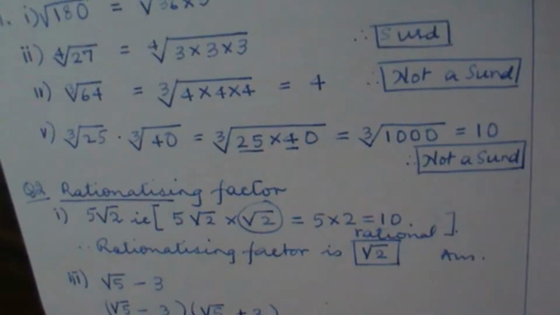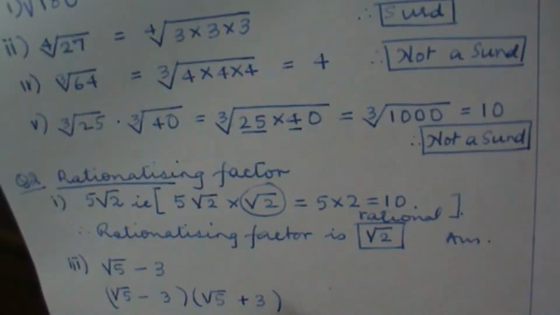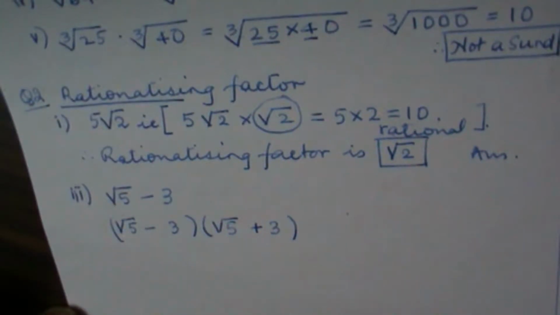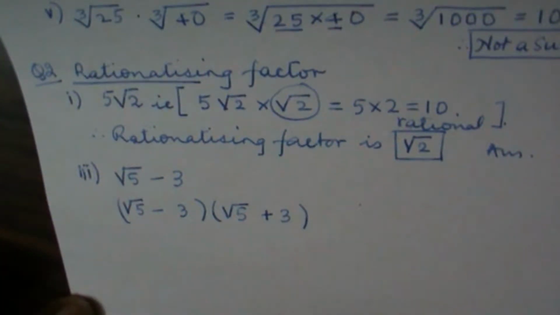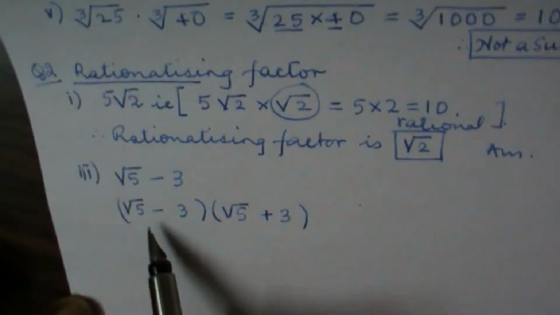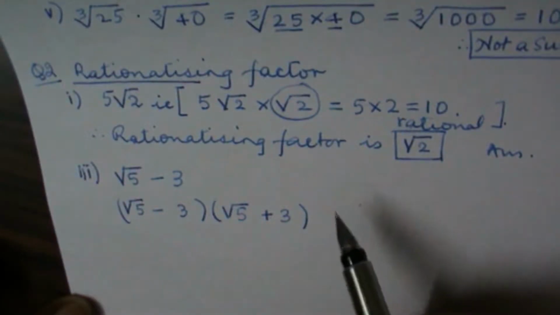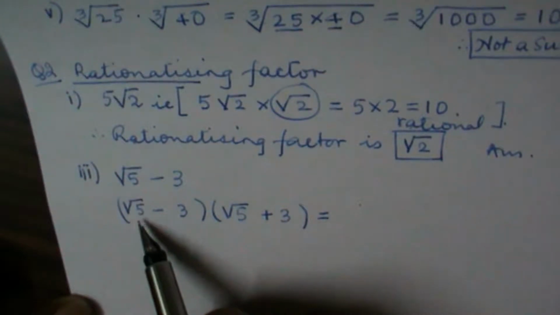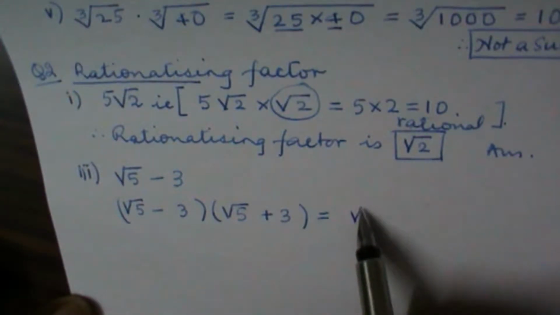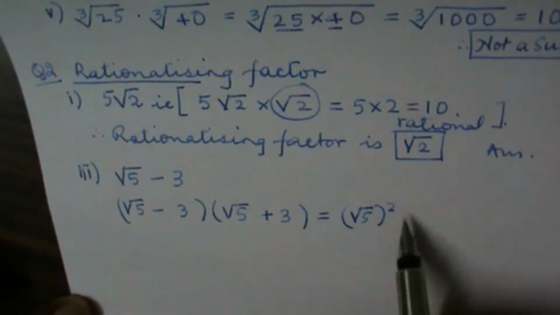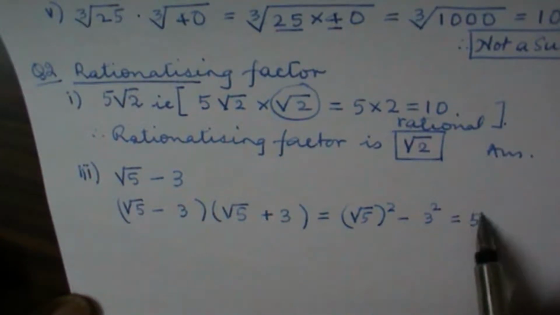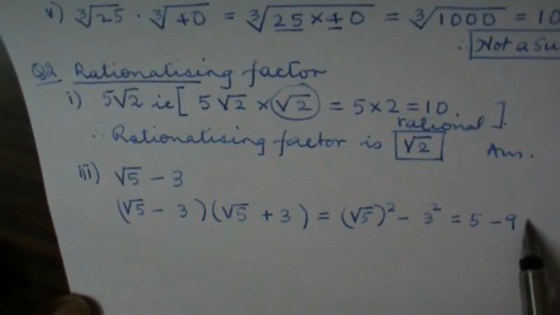If I have two terms with minus and plus sign between them, it looks like a minus b into a plus b, and so I obviously will get square of a minus square of b, so it becomes root 5 whole square minus 3 square, so that gives you 5 minus 9, and that gives you minus 4.